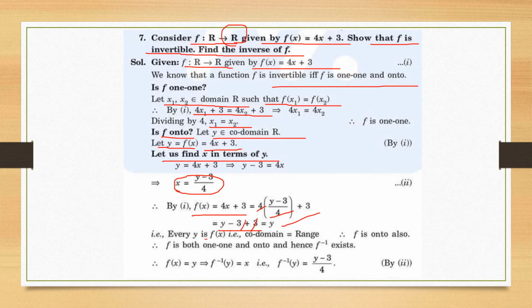So that means every y is fx, that is codomain equal to range. So the function becomes onto. So it is both 1-1 and onto, and hence f inverse exists. Therefore fx equal to y, that is f inverse y equal to x, that is f inverse y is, who is x here? X is y minus 3 upon 4.